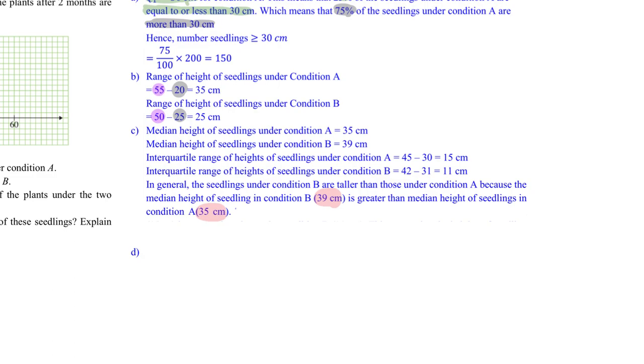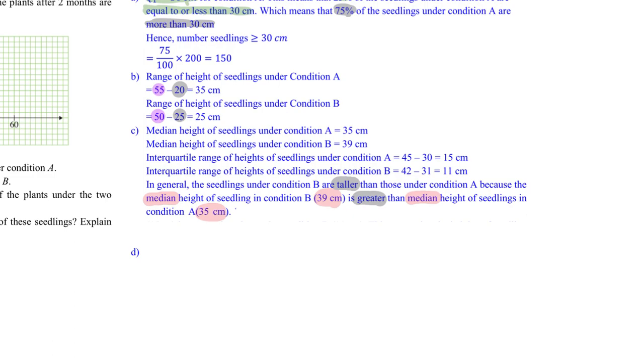Do write down this and do tell people whether they are taller or not, or greater. Taller. Okay, so these are the keywords. And of course do indicate that the number 39 is a median.